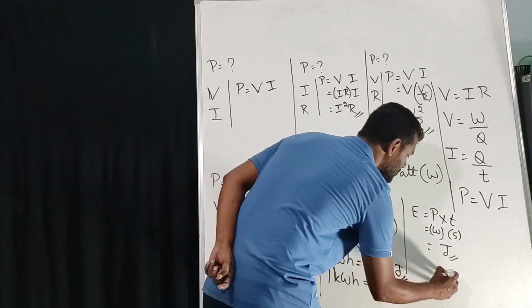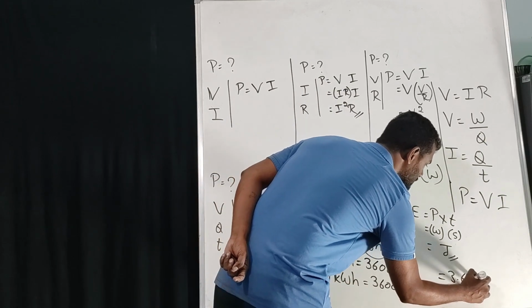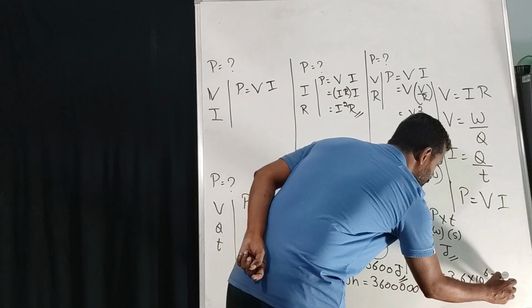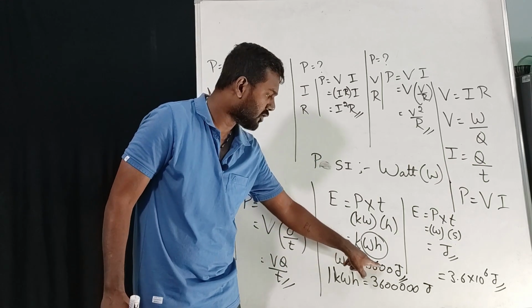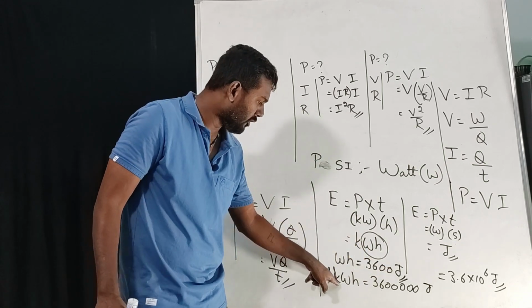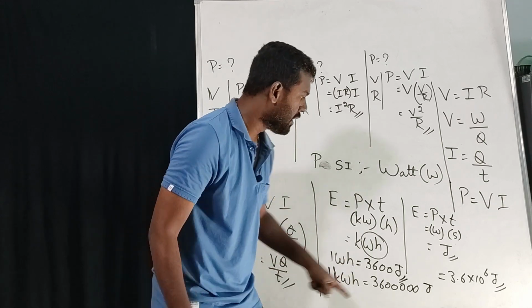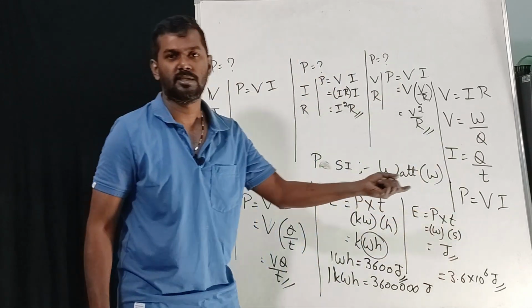Instead of writing like this, it will be written as 3.6 into 10 power 6 joules. So 1 watt hour is equal to 3600 joules, and 1 kilowatt hour is equal to 3.6 into 10 power 6 joules.